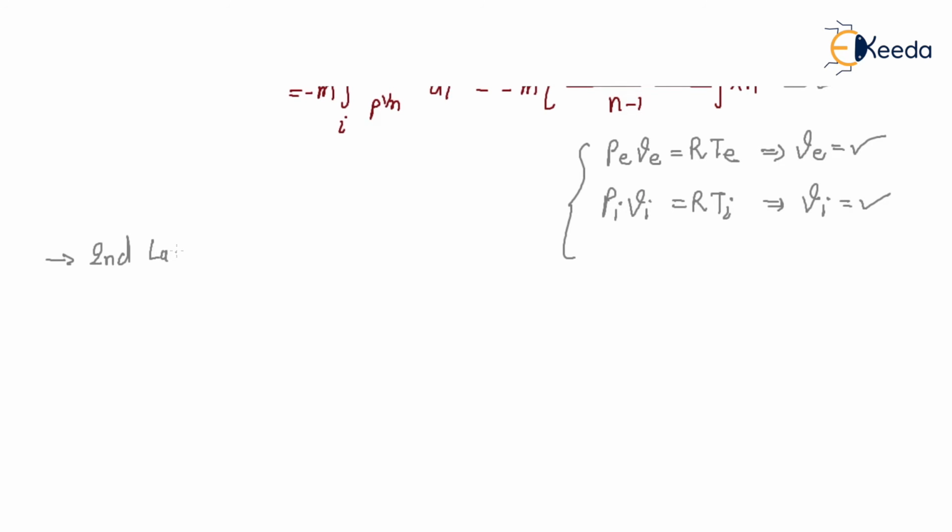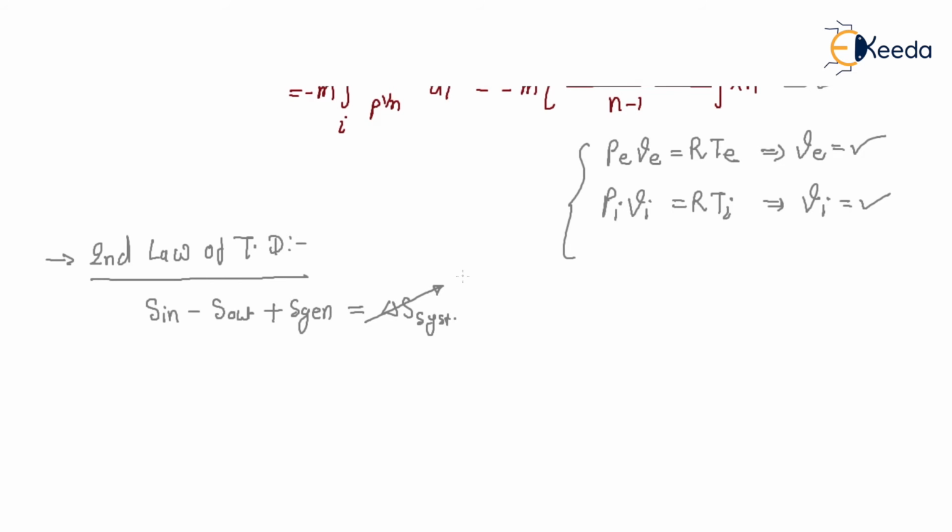We know that S in minus S out plus S generation is equal to delta S of the system, and this is 0, because it is steady state.